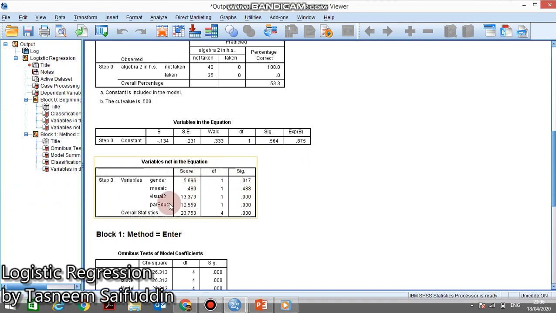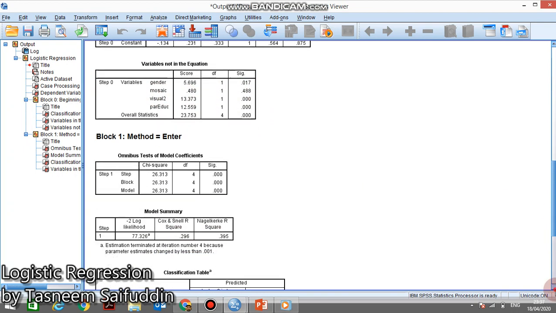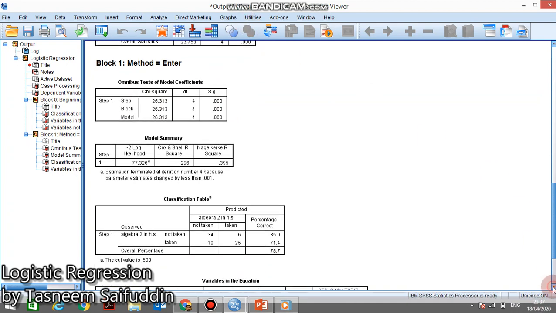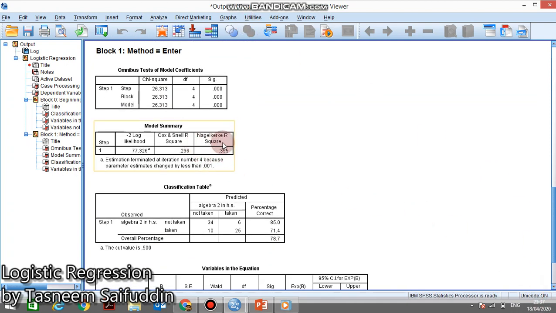Variables not in the equation: it seems that the variables are significant. Only mosaic is a variable which is not significant right now. Now in this case, what we have seen is that this model is approximately fit. Block 0 is the initial model, and in the next block we have looked at the model summary.